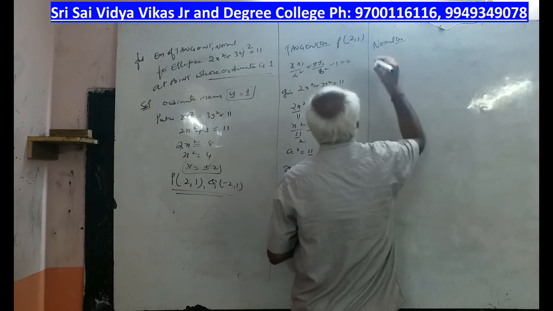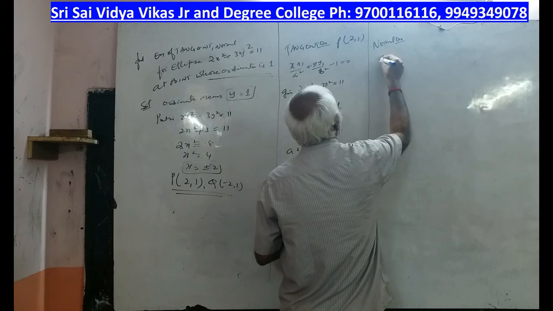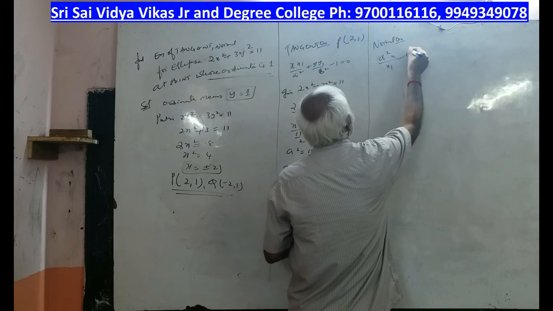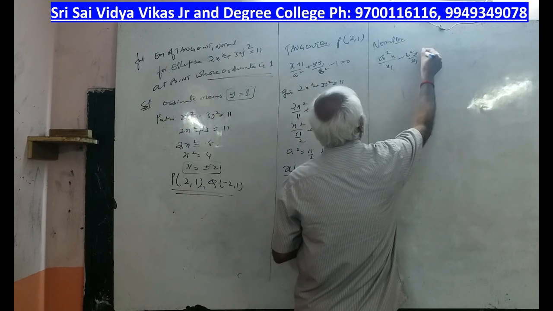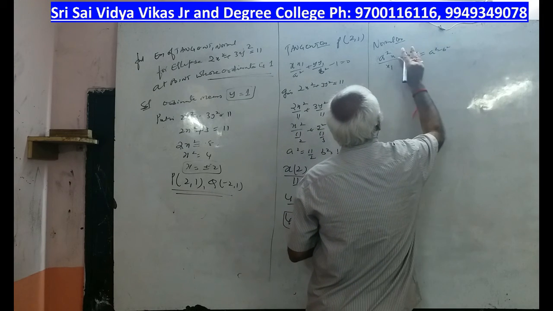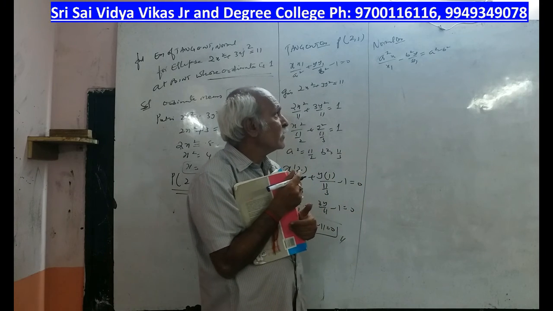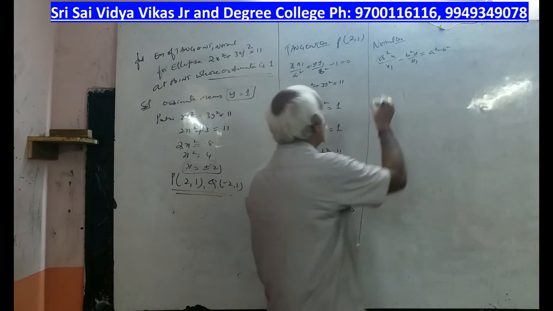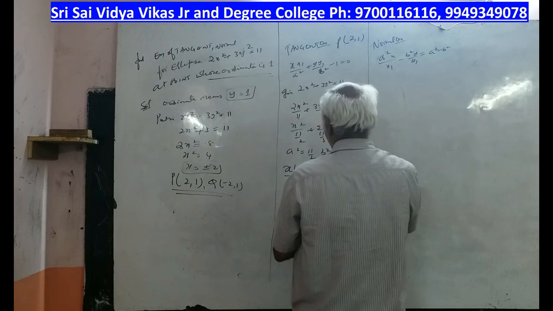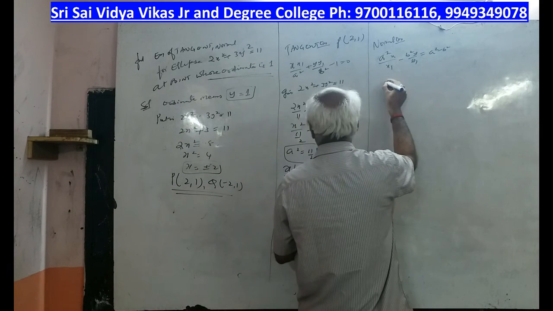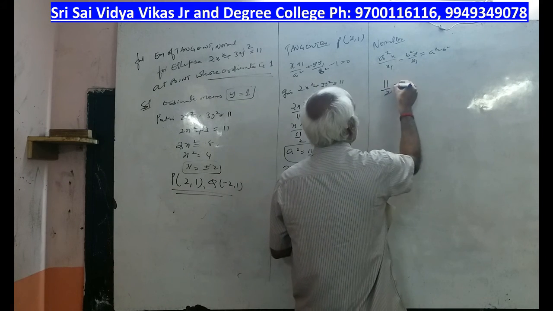Normal equation. a²x by x1 minus b²y by y1 is equal to a² minus b². So a² is what, sir? We got a². I am putting here in a box. So this becomes 11 by 2, x by x1.